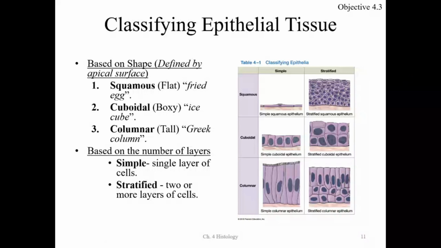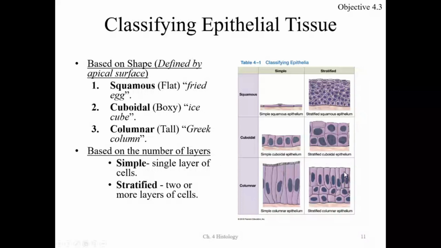Think squished, squashed, squamous. Cuboid is boxy. Look at how boxy these are. These cells at the top are more squared. Look how square these are. Columnar is long and tall.